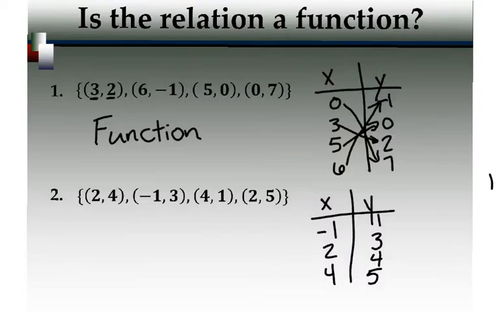So -1 went to 3. 2 goes to 4 and 5. And then 4 went to 1. Okay, so this right here, this number 2 is going to 4 and 5. This tells you that it is not a function. So not a function.